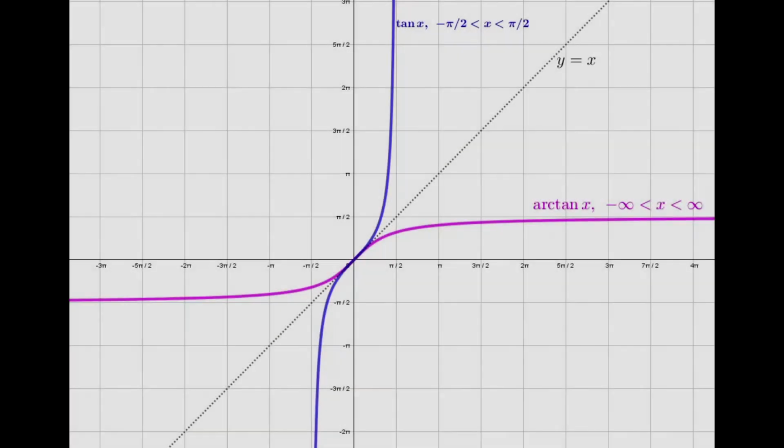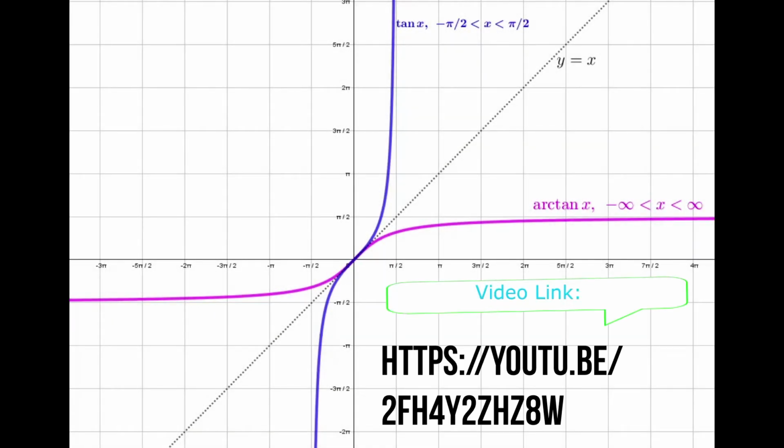By referring to my YouTube video, graphs of trigonometric functions and inverse trigonometric functions, you can see that tan x, where negative pi by 2 is less than x less than pi by 2, is a one-to-one and onto function, and it has the inverse given by arc tan x or tan inverse of x, with the domain negative infinity less than x less than infinity.